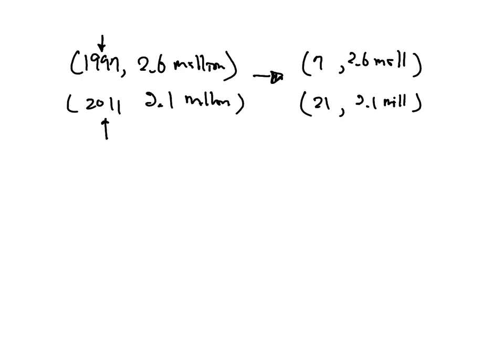So our slope is going to be 2.6 minus 2.1 over 7 minus 21. So this is 0.5 over negative 14. 0.5 divided by 14 is some crazy decimal, but we can put that into a fraction.